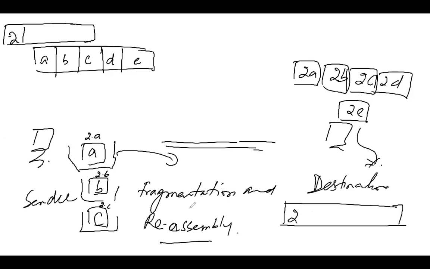This fragmentation and reassembly process takes place at the transport layer, and it increases overhead on the destination node, which will take this much burden or time to reassemble this data and create a complete packet of message number 2 from the small frames.